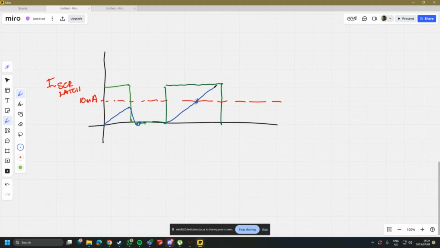So if your load current then for some reason goes stable like that, or you have a DC current, let's say that's your load current, once you reach that point, the SCR will stay on, as long as the voltage across the SCR is forward biased.